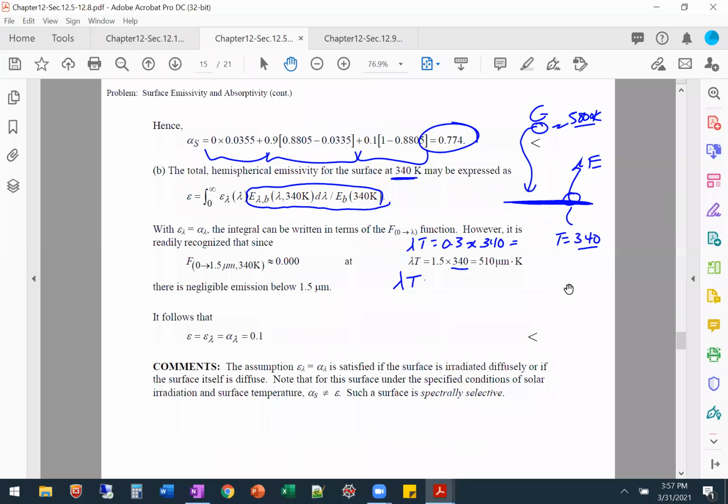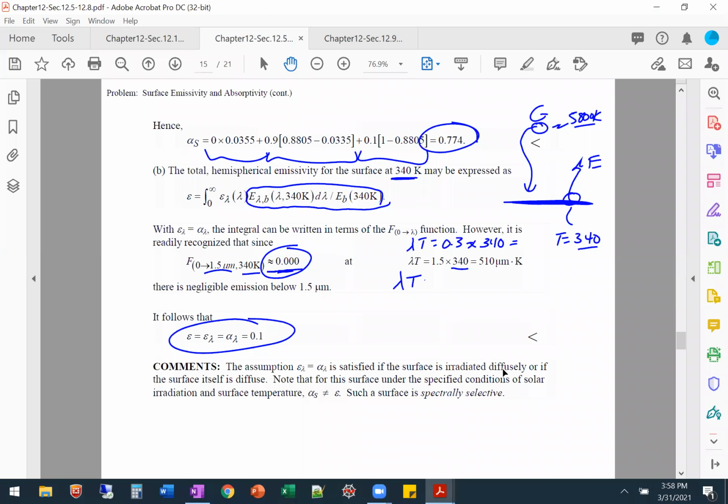So that's why you see this factor when you look it up in table 12.2. You just get that it's 0 being emitted at wavelengths of 1.5 at 340 Kelvin. That means everything's being emitted at a higher wavelength, so everything is just 0.1 for emission.